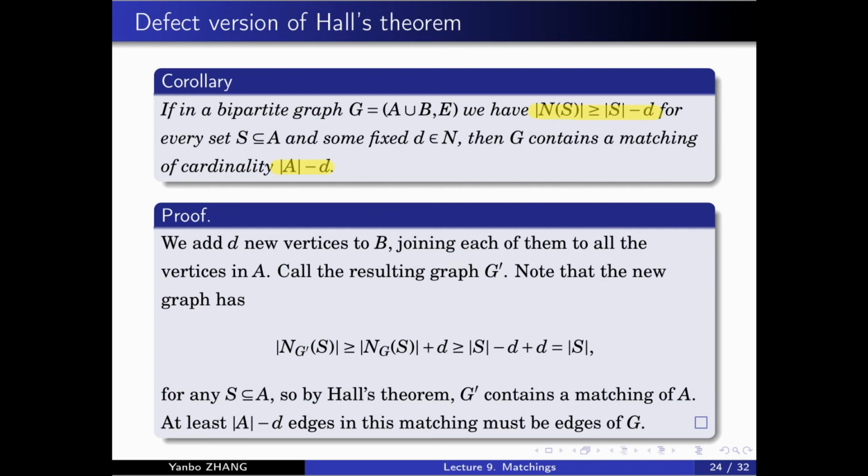Note that in the new graph G prime, the size of the neighborhood of S is greater than or equal to the size of the neighborhood of S in the graph G plus D, because we have D new vertices and we join each of them to all the vertices in A. And this is greater than or equal to the size of S minus D plus D. This inequality is from here.